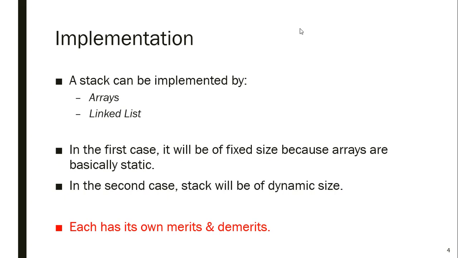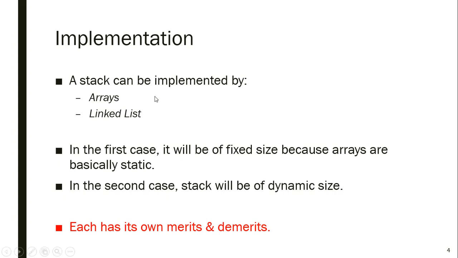One is static and one is dynamic, and every other abstract data type, whether it is a list, stack, or queue, can be implemented by either array or linked list. We have already discussed what a list abstract data type is, and we saw both of its implementations in the form of arrays and linked lists.